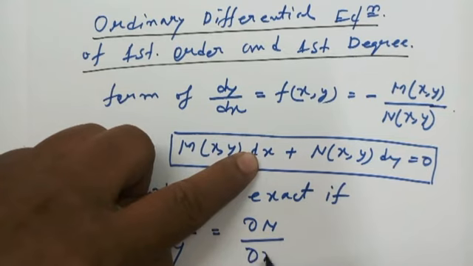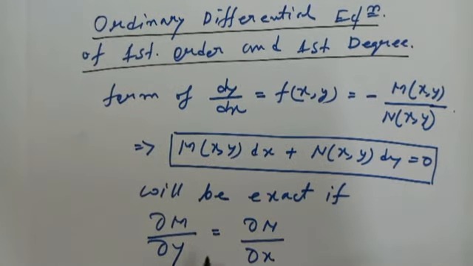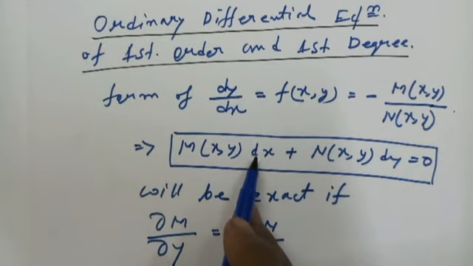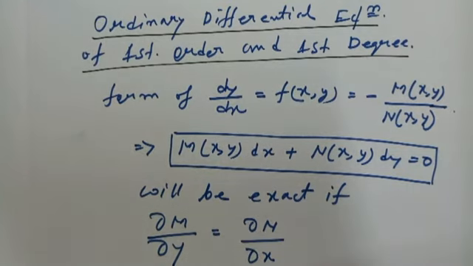If these two partial derivatives are equal, then this is an exact differential equation.